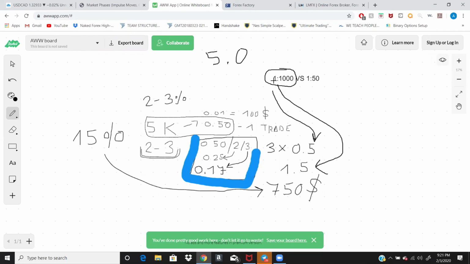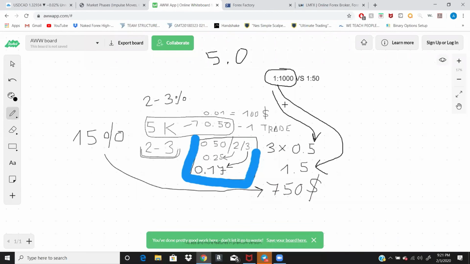This is what 1 to 1000 leverage allows you to do. Because what leverage is in simple English, you are leveraging a higher amount of money to be able to generate bigger return, right?